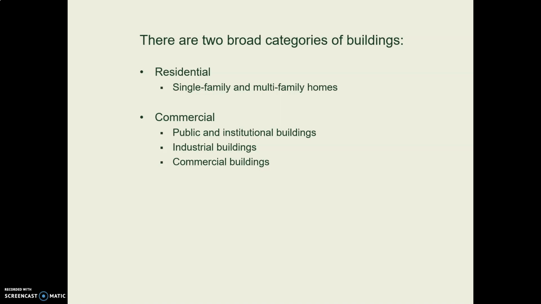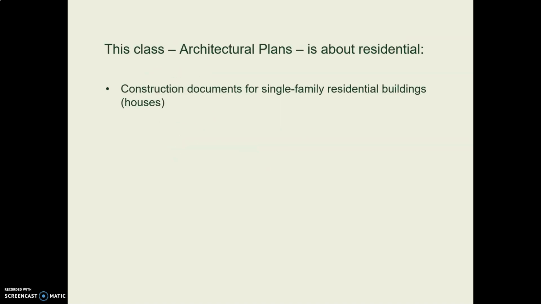One is residential, basically houses, and one is commercial. This class is about houses. It's about residential. And we're going to look at how you make construction drawings once the house is designed. So this class is not about design, it's about how to make the drawings so that builders can build these buildings.